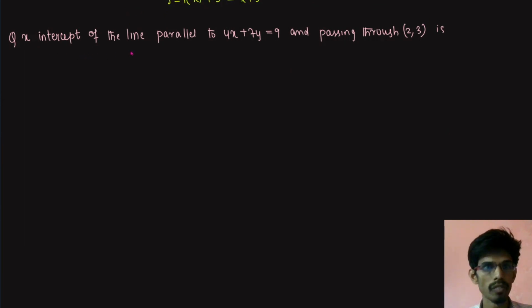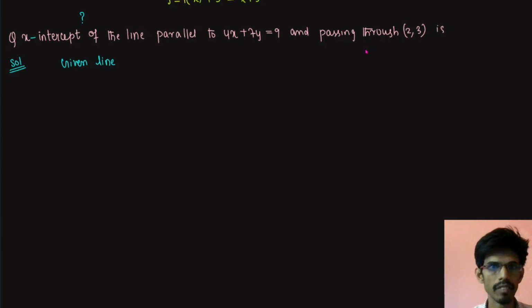Next question: the x intercept of the line parallel to this line and passing through (2, 3) is, okay, it is asking for the x intercept, and the line is parallel to the given line. First we have been given this line. The given line is 4x plus 7y equals 9. Let us take this as equation 1.